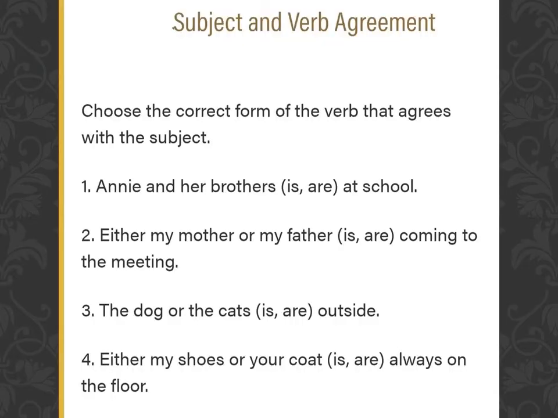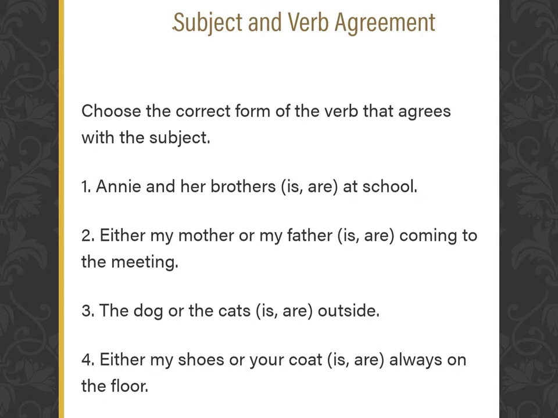Students, so far you have learnt how to match the verb with its subject. Now let's find out the answers of these questions. Choose the correct form of the verb that agrees with the subject. Number 1. Annie and her brothers dash at school.